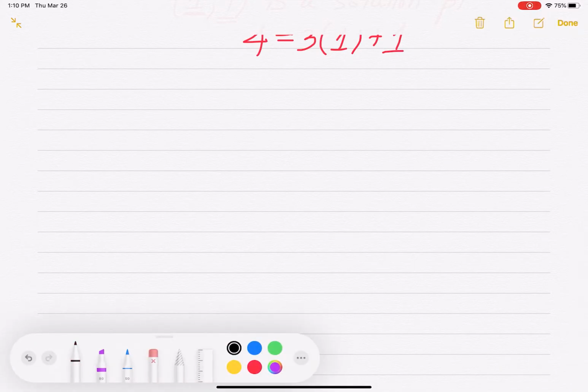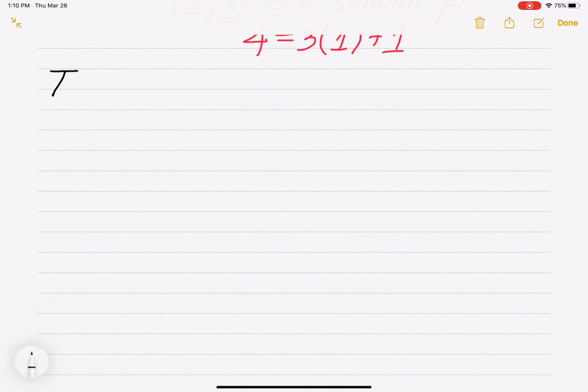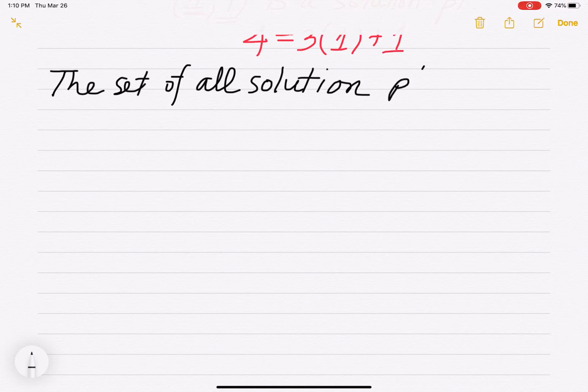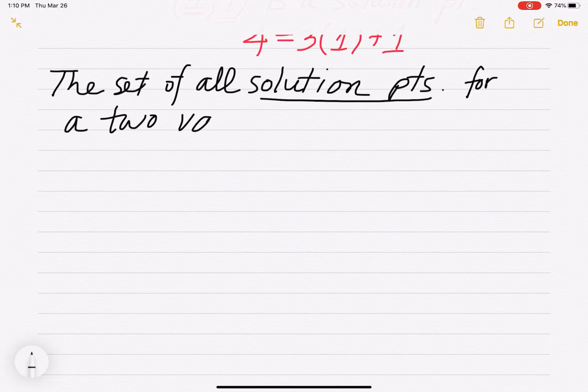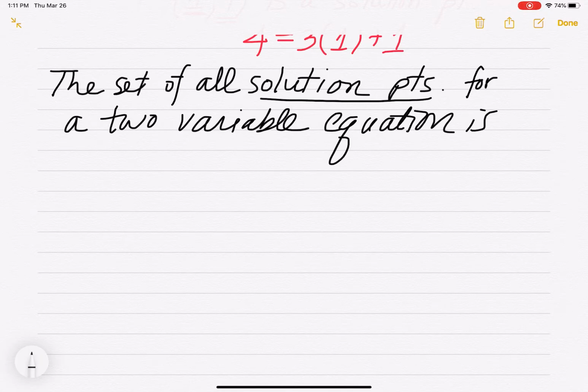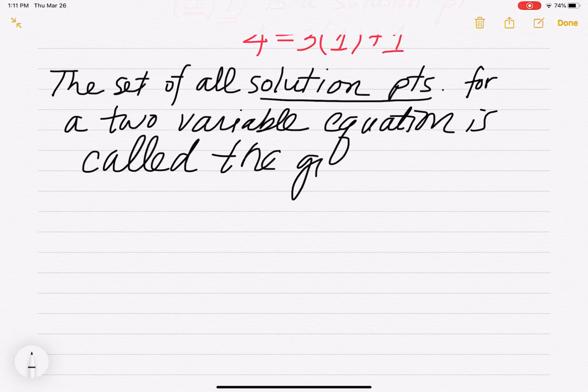So what about the set of all solution points? We're going to call this the graph. The set of all solution points for a two variable equation is called the graph of the equation.